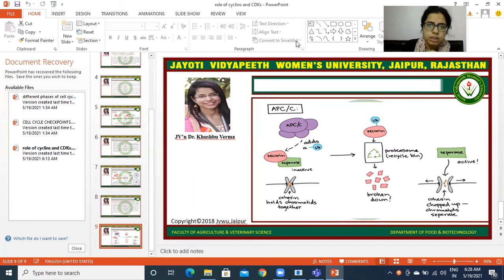So these are some important points related to the cyclin and cyclin dependent kinase. These two enzymes are very important for the successful function of the cell cycle. Again, if I repeat, there are various cyclins like G1 cyclin, G1/S cyclin, S cyclin, and M cyclin.